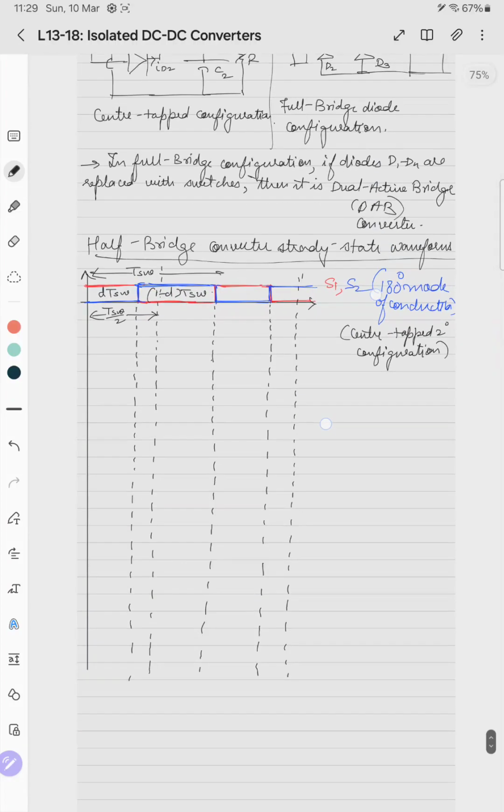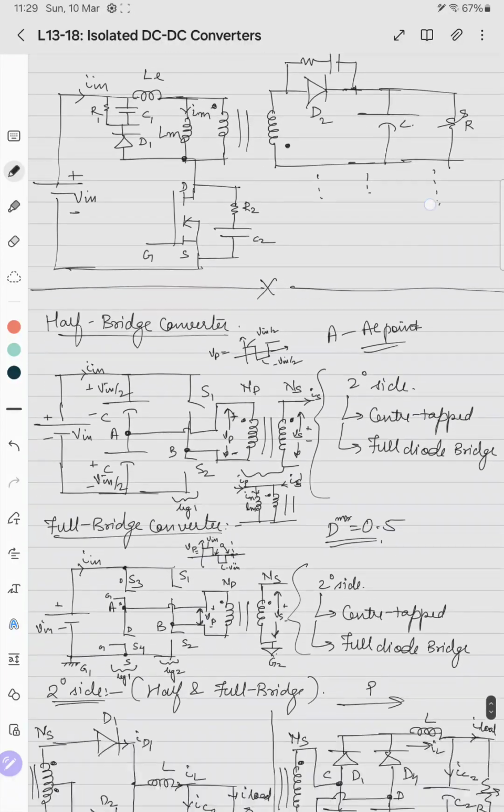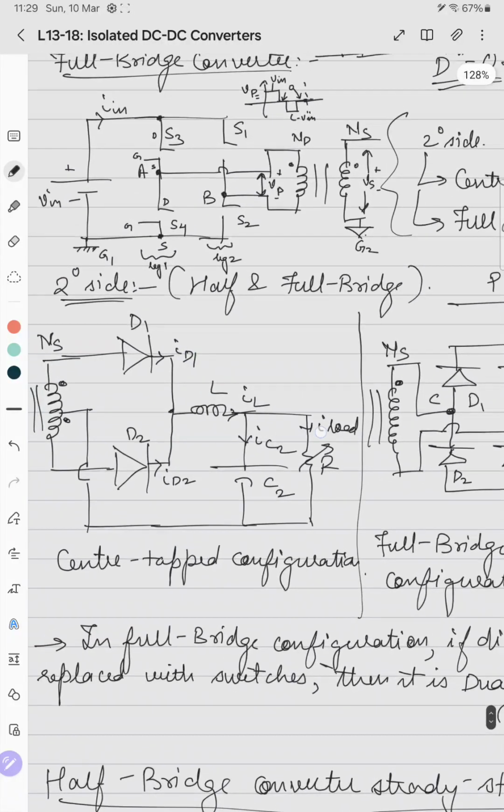So what happens when the switch S1 is on and S2 is off? The voltage across the primary is Vp. So the secondary side is like this. The voltage across this, as per the polarity, is Vs.